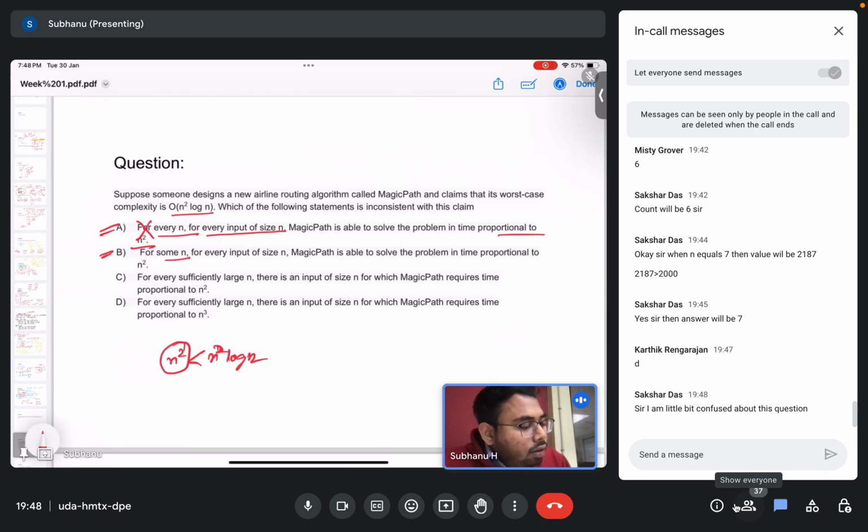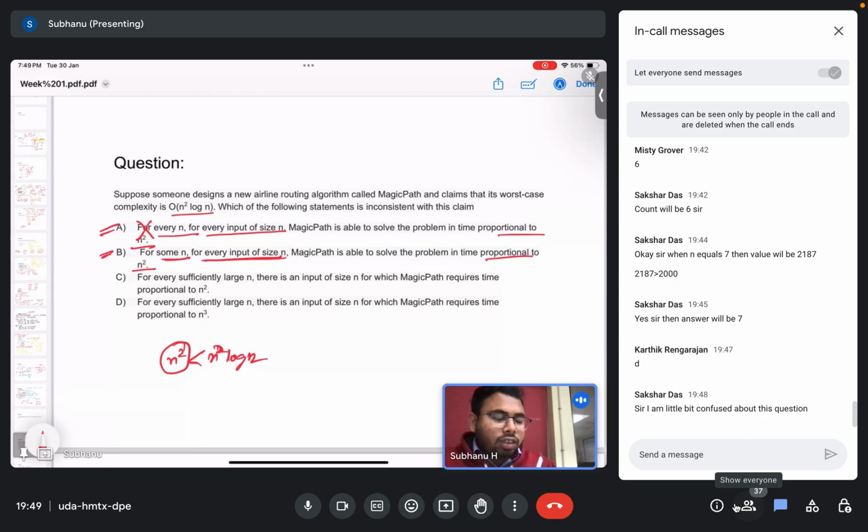For some n, for every input size n, magic path is able to solve the problem in time proportional to n square. If there is an input size n, n can be any number.